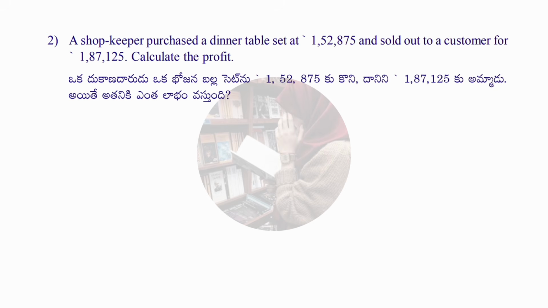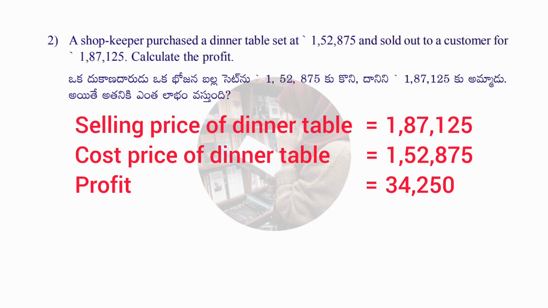So write down the answer. Selling price of dinner table is 1,87,125. Cost price of dinner table is 1,52,875. Therefore we get the profit of 34,250. Understood, guys? So this is your answer.